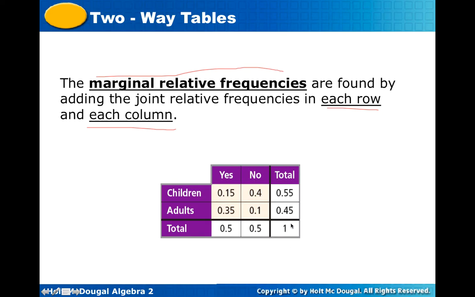And that total should add up to 1 each and every time, because if we're dividing by 20, then all the numbers we get, since we divided by the same number, should create that same total every time.